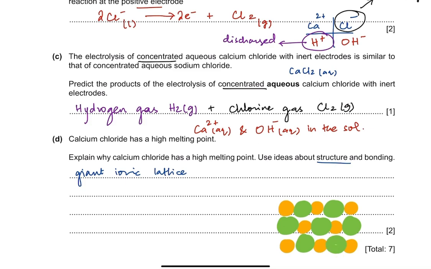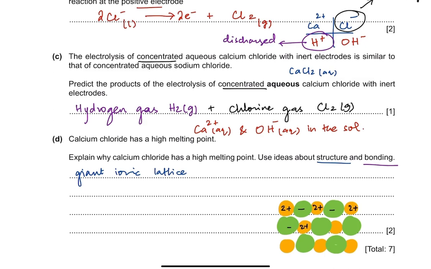Each calcium ion has a +2 charge and each chloride a -1, and obviously they balance somehow, but we don't have to worry about it. The point is it's a giant ionic lattice and there is some kind of bonding going on. What's the bonding? It's a strong electrostatic attraction between all the positive and negative ions.